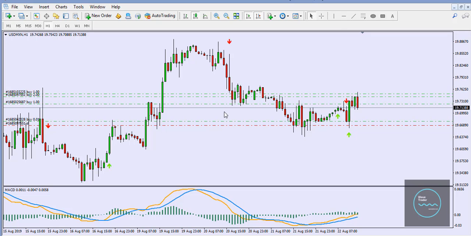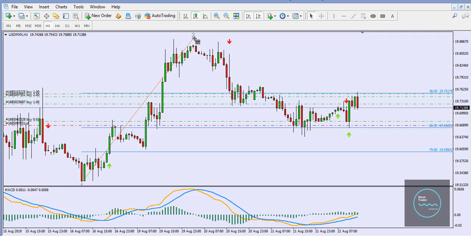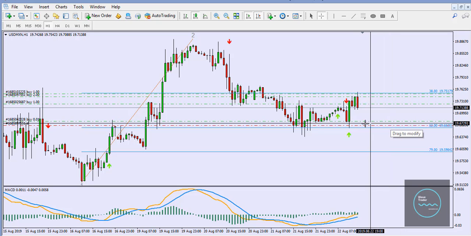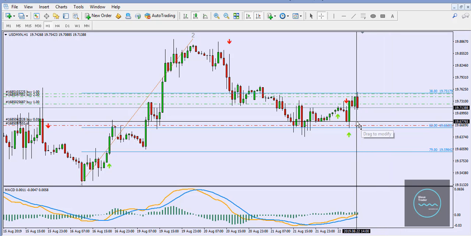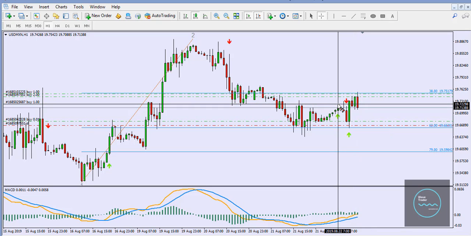I believe this is what I did. I found the 55 retracement area, which is where I placed this order here. I placed a limit order using 1 micro lot, and then I placed a buy stop above.